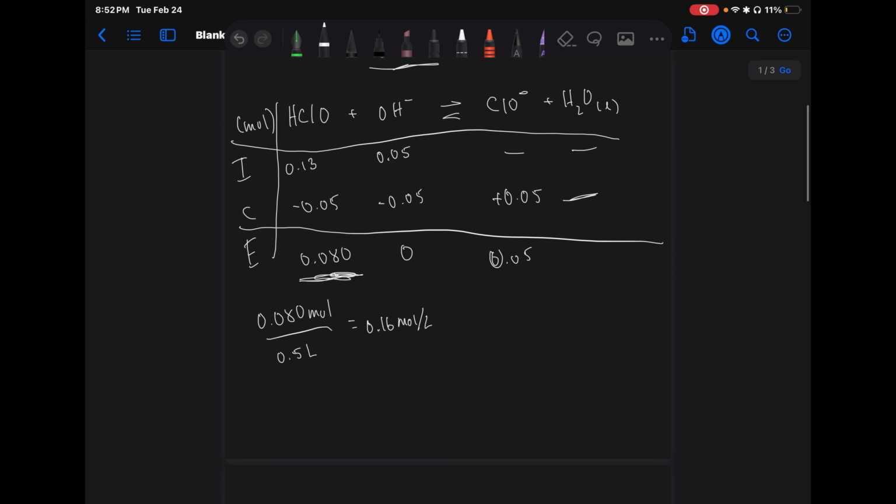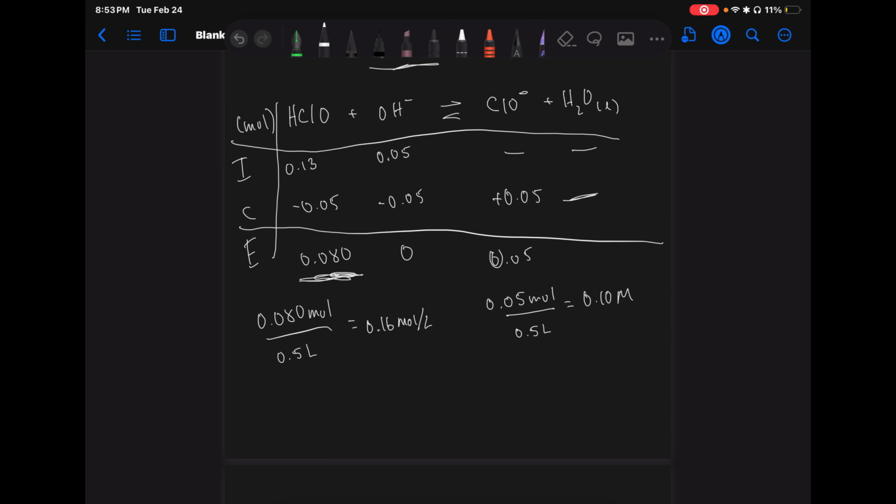For the ClO minus, this would be 0.05 moles divided by 0.5 liters, which is equal to 0.10 M, or moles per liter. So that's HClO, and this is ClO minus.